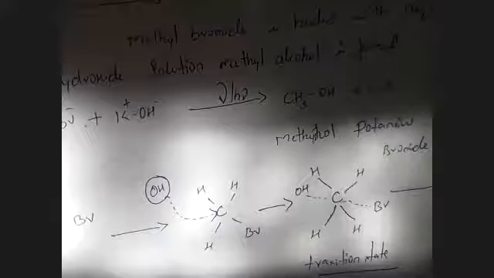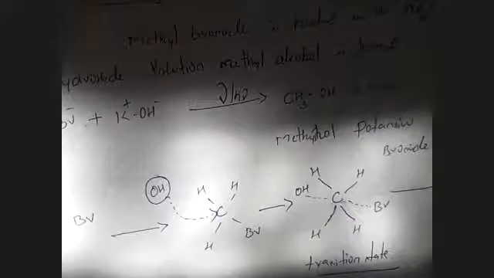Is it possible? We already have the formation of methanol, so we need to convert the methanol into methyl bromide. Is it possible? No, it's not possible. Why is it not possible?